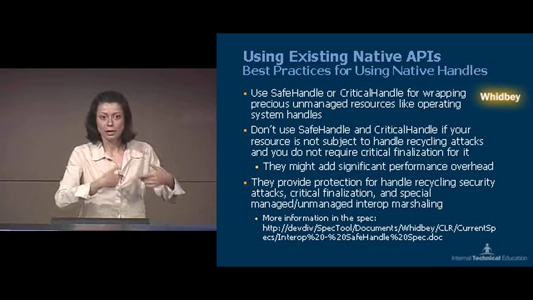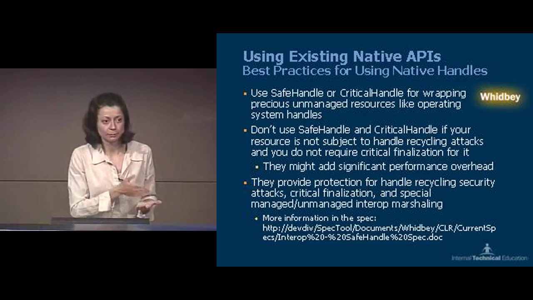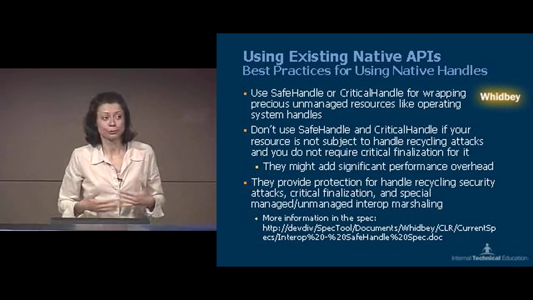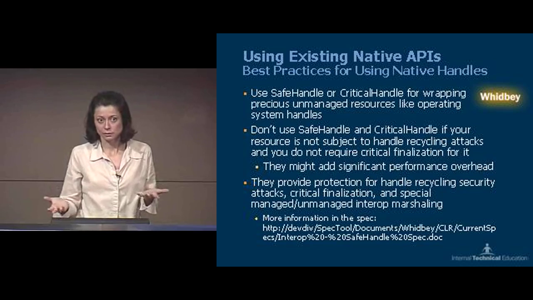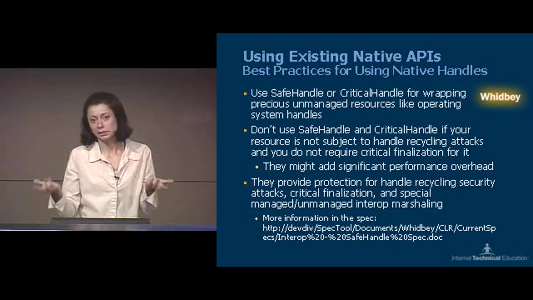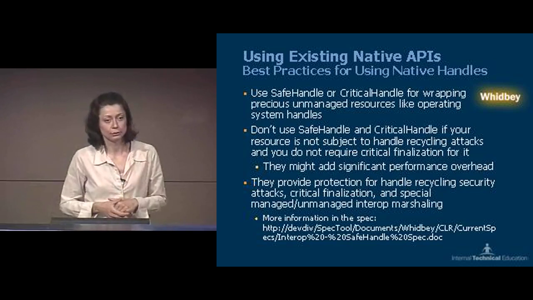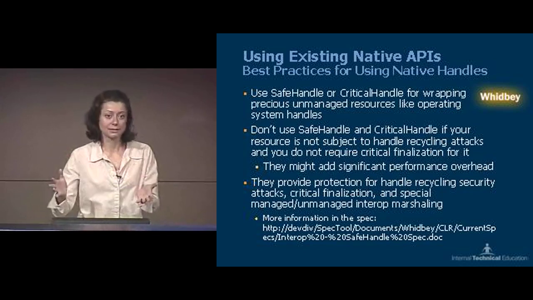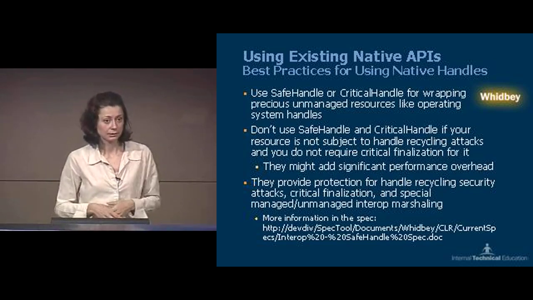Now, even when you have your finally blocks, you don't have a handle assigned to the managed variable, so you can't release it. So after that point, your handle is leaked. So if you can't tolerate situations like this, if you can't recycle the process, we strongly recommend using safe handle. Safe handle will wrap a handle in a safe way, so we guarantee it won't leak.